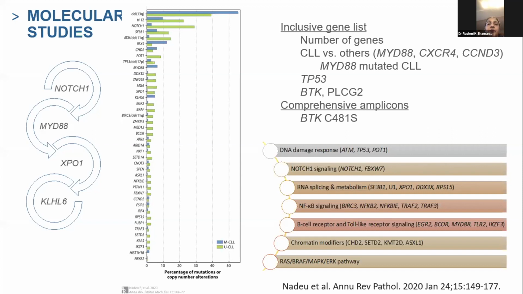Fortunately or unfortunately, there are some recurrent drivers seen at the top, but then there is a whole tail of mutations that happen at much, much lower frequencies. The highest gene mutation frequency is only 3%, that would be TP53 or SF3B1, and that is only seen in about 5% of CLL cases.